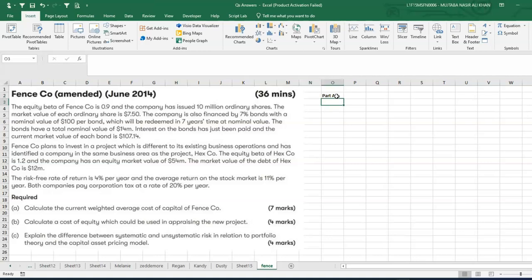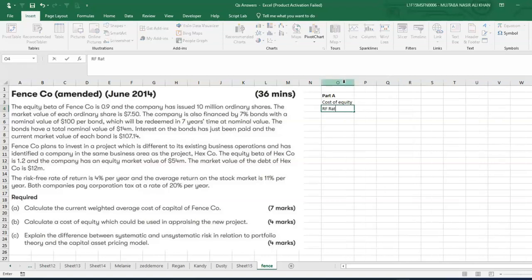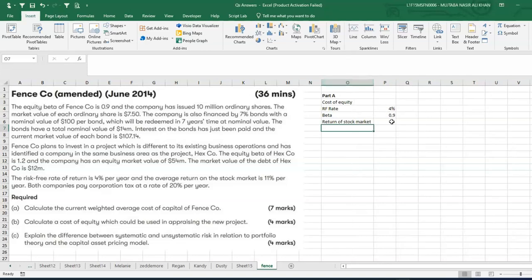We will solve the cost of equity first. Risk-free rate is given. That is 4%. Beta is given, current beta 0.9. And return of stock market is given, and that is 11%.